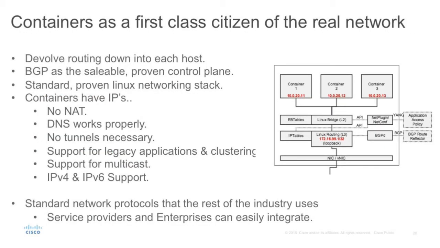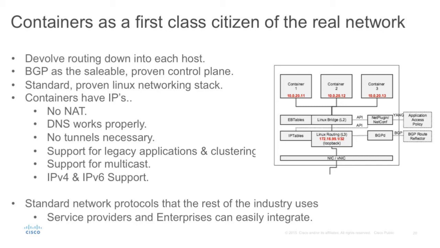The idea really behind this is to make containers a first-class citizen of the real networks that we all have today. We devolve routing down, we use BGP because it's proven, we use the Linux networking stack for the actual packet flow, and BGP is the control plane, which is proven.